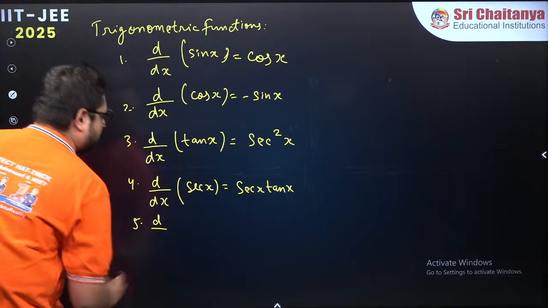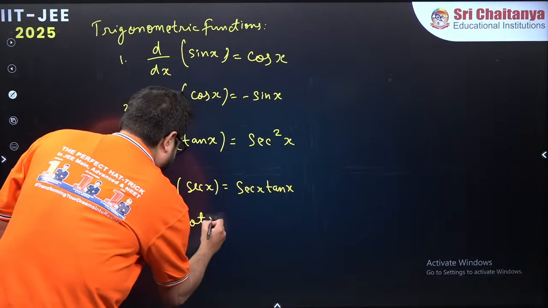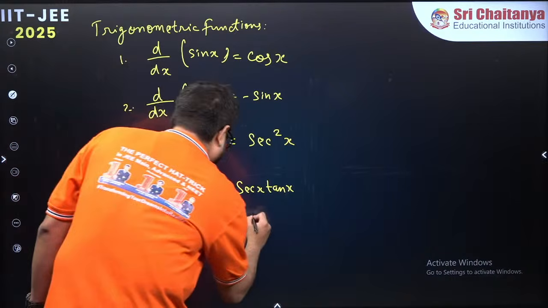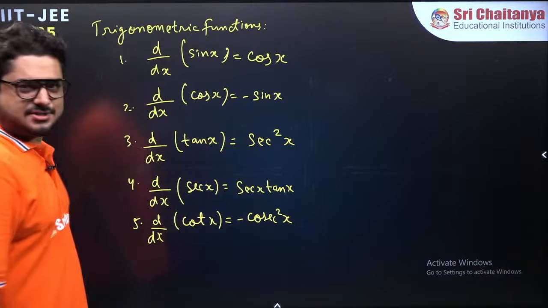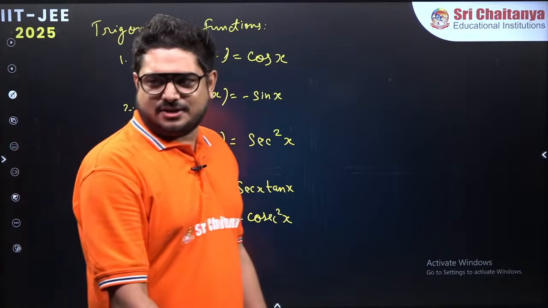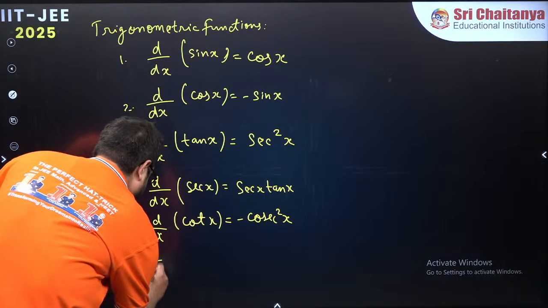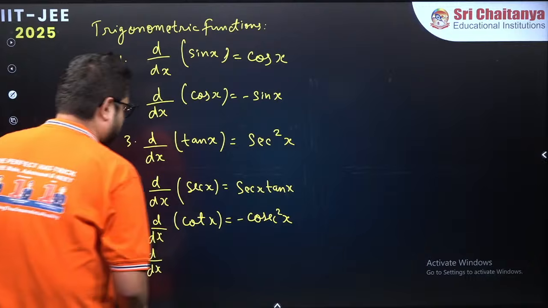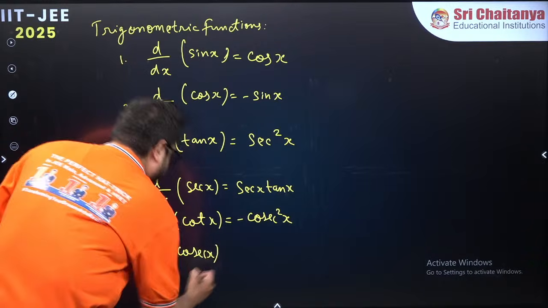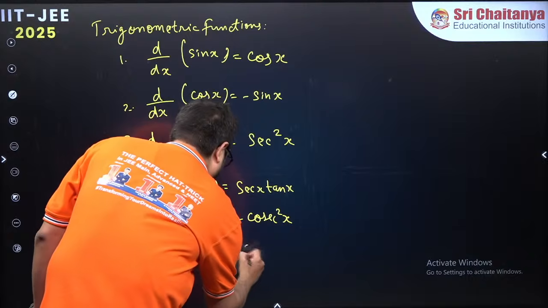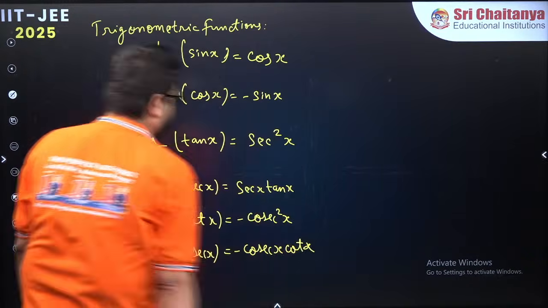Similarly, d by dx of cot x can be written as minus cosec square x. And now, last but not the least, d by dx of cosec x is going to be equivalent to minus cosec x cot x.